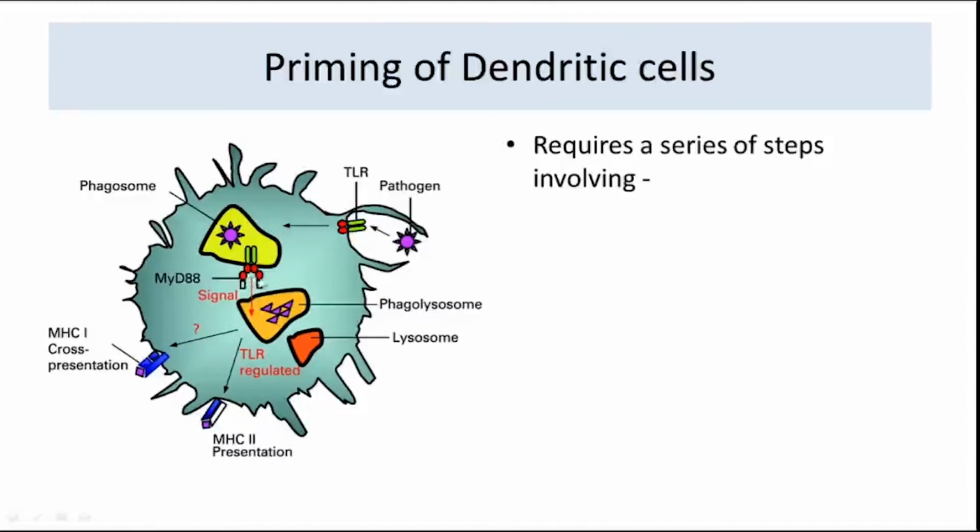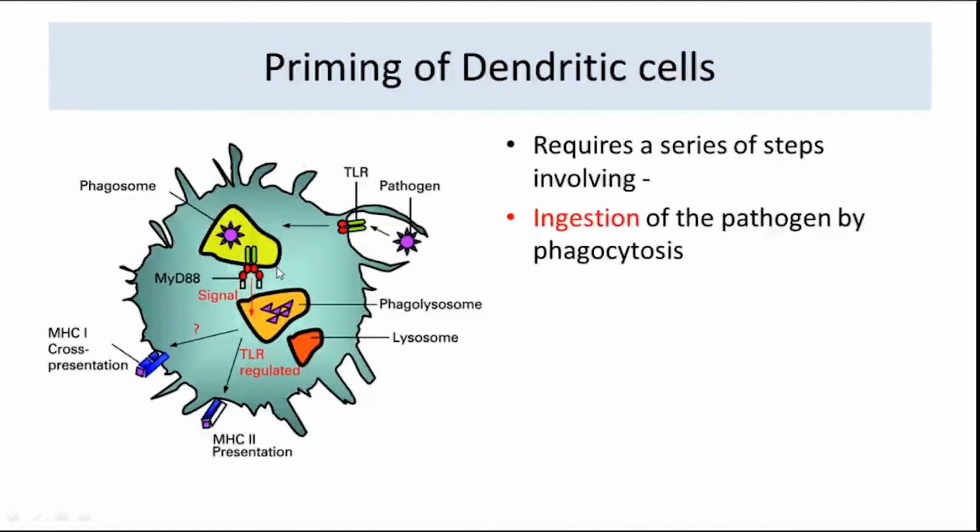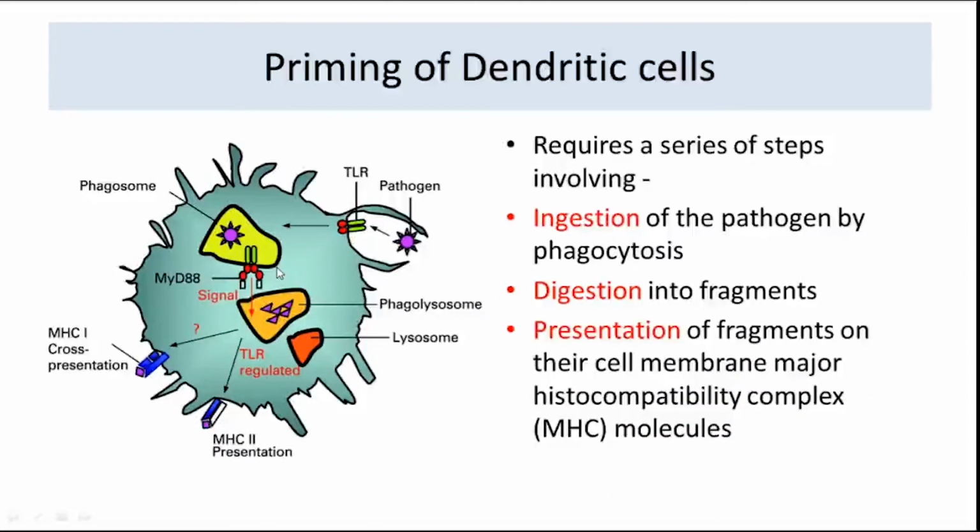So this requires a series of steps involving ingestion of the pathogen by phagocytosis, digestion into fragments, and presentation of fragments on the cell membrane with the major histocompatibility complex, that is the MHC molecule. So you see that here the pathogen has been recognized by the dendritic cell, ingested, and digested with the help of the phagosomes, and fragmented.